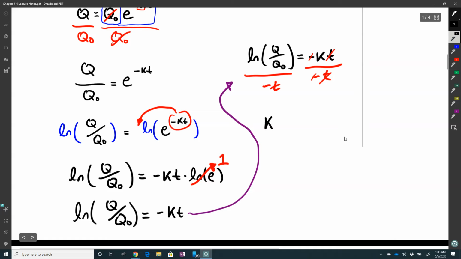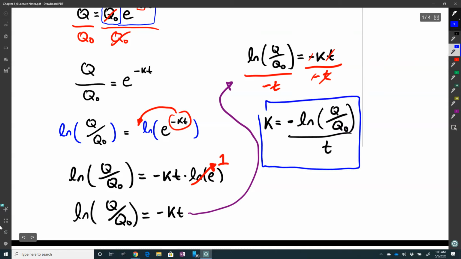And so I have k is equal to, it's bad manners to have the negative on the bottom, so I'm going to put it on top: negative ln of Q over Q naught, all over t. There's more stuff you can do if you want to be fancy. Technically, the negative would flip the inside of that, but I'm not going to go there. I'm just going to say that's my answer. And so if you wanted to, this is a formula for k.